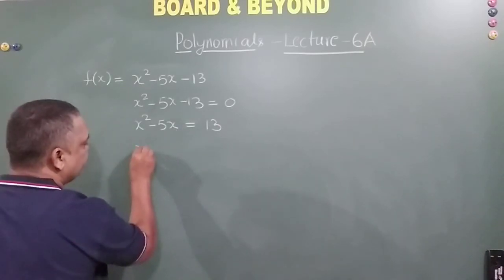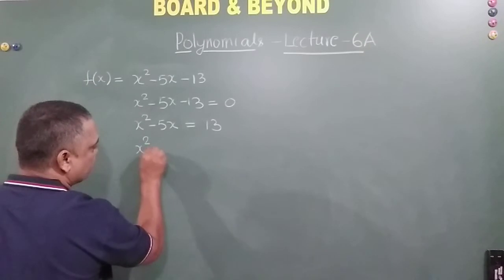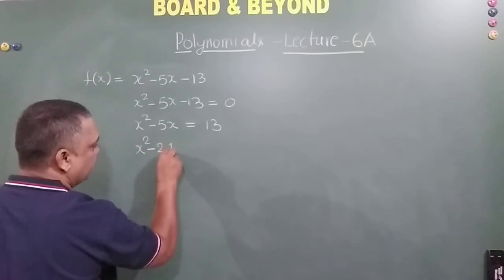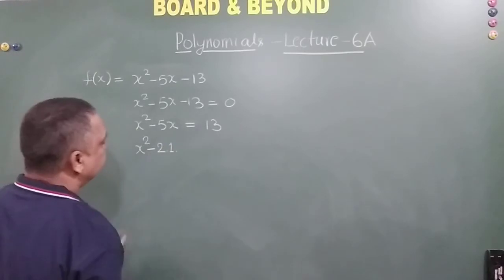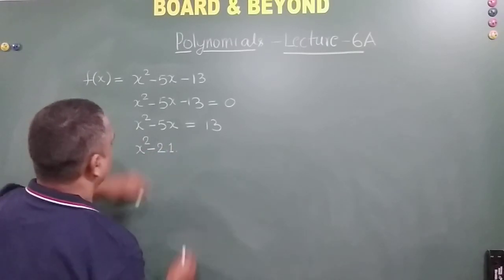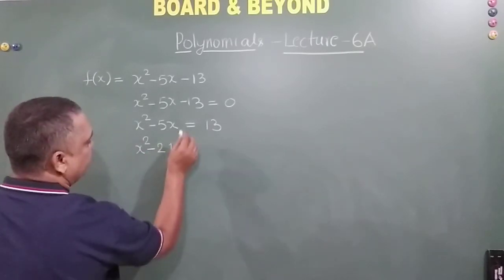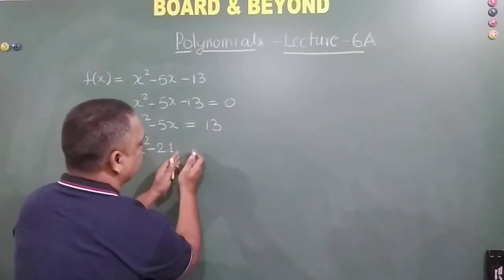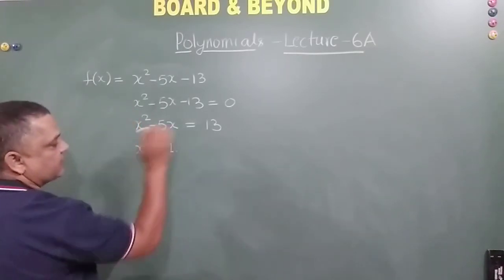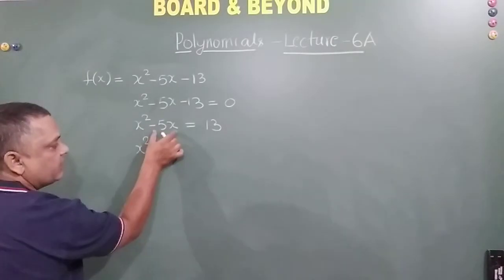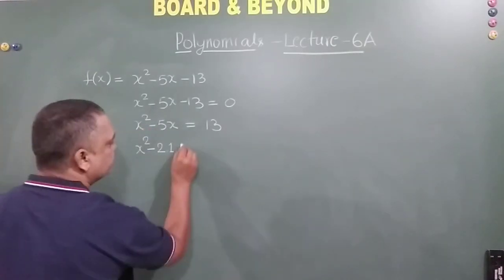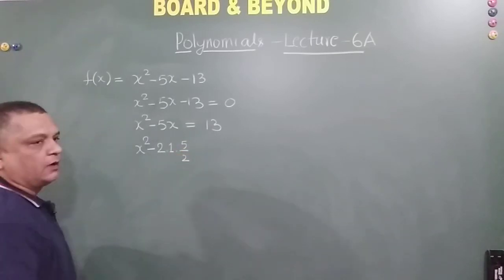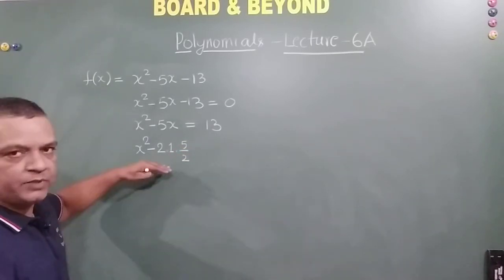So this is of the form, please pay attention here, x square minus 2 into a, which is 1, into b. How much should I write for b here so that this term remains unaltered? Friends, can we write 5 by 2? Are you all with me now?